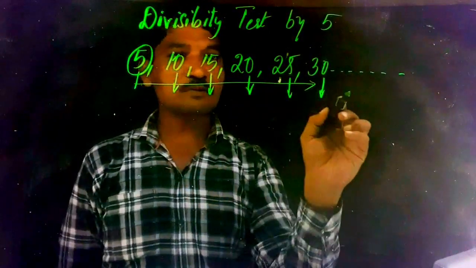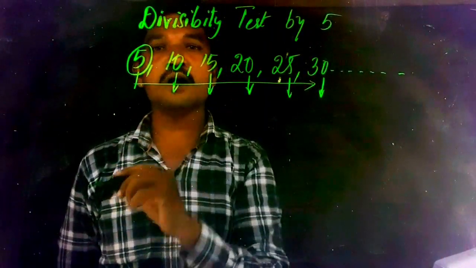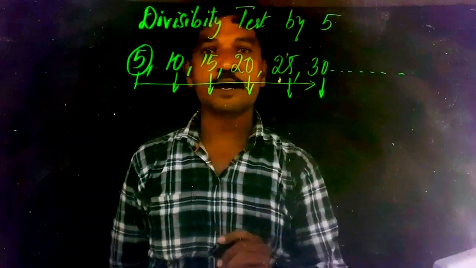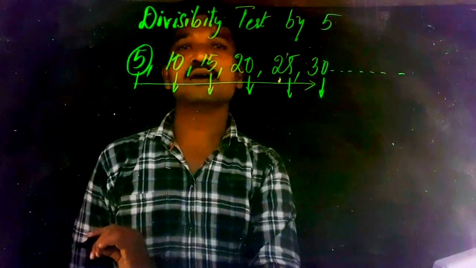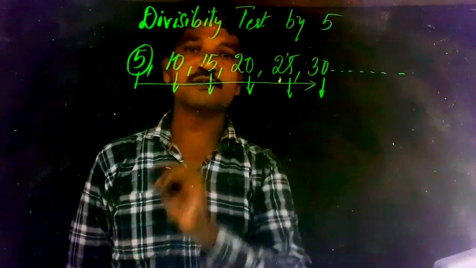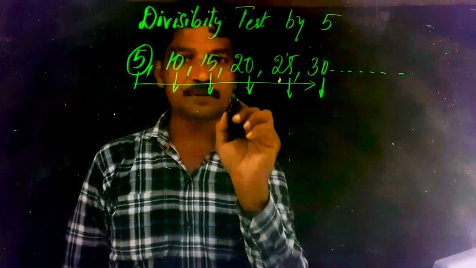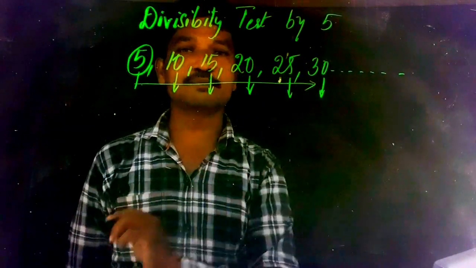So when we look at the unit place, it may be 0 or 5. Only these numbers are completely divisible by 5. If any digit other than 5 and 0 is present in the unit place, the number will not be completely divisible.